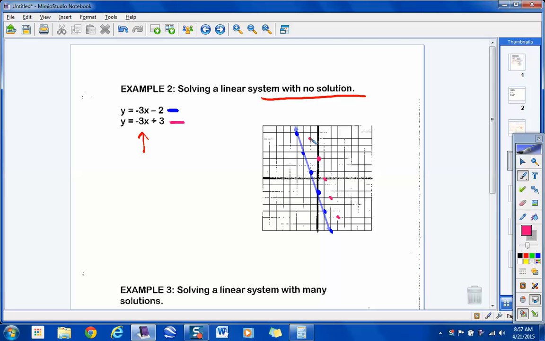What appears to be happening here? Looks like they're ever going to cross at all? No. Okay, so this is the y-intercept. I'm down 3 over 1 for my slope, because that slope is negative 3. Gosh, when I draw my line for this one, it looks to me like the same situation here.